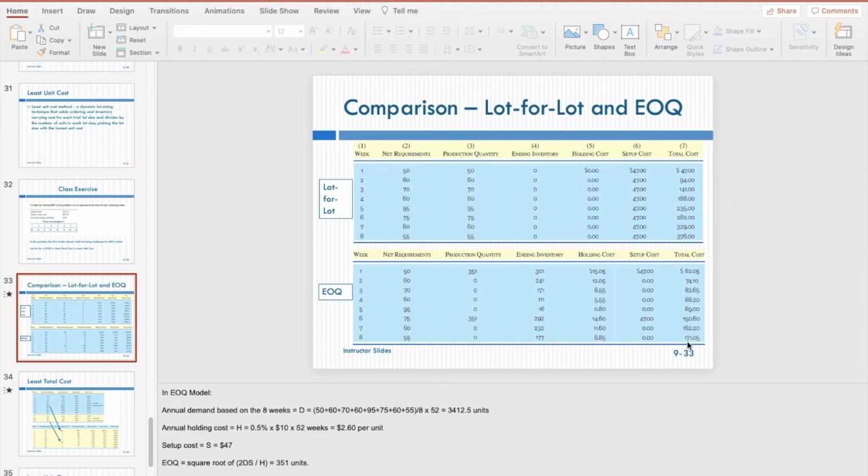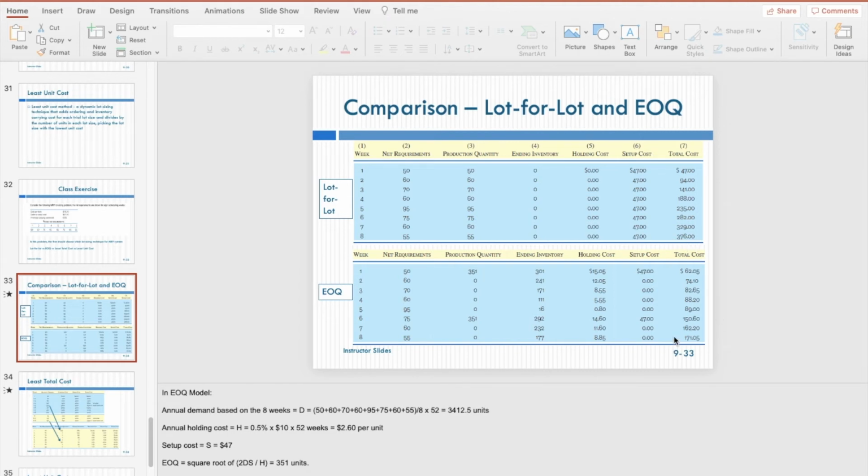So if you look at these two different techniques, before we start to introduce the least total cost and least unit cost, which method under this information context should we pick? It's very clear, right? You just compare the two numbers. In this lot-for-lot technique, the total cost would be 376.